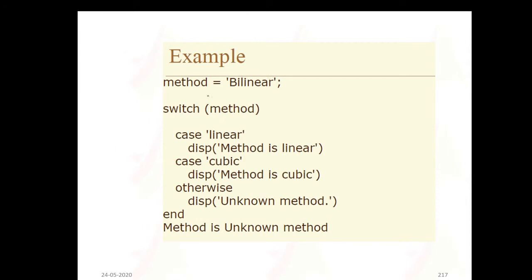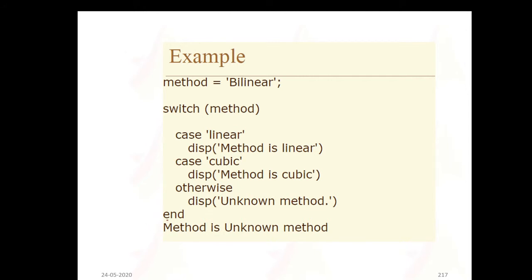Switch is method, it is dynamic. So the case linear means you are going to do some operations. For simplicity, I am displaying that the method is linear. If it is cubic, the method is cubic. Otherwise, case 1, case 2, if you want you can go ahead. Otherwise, the unknown method.